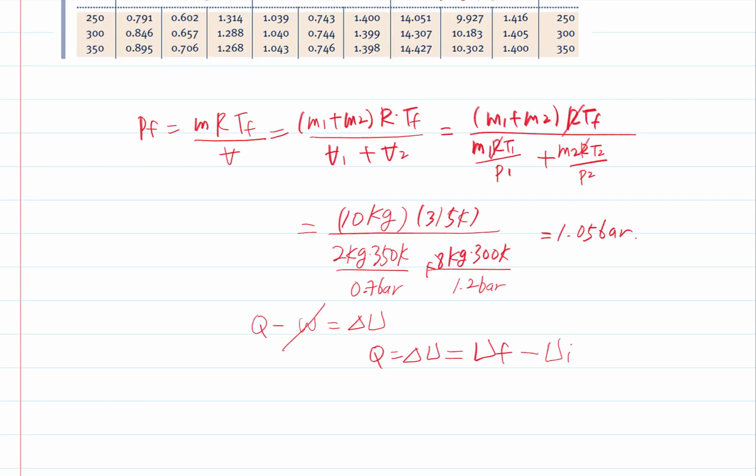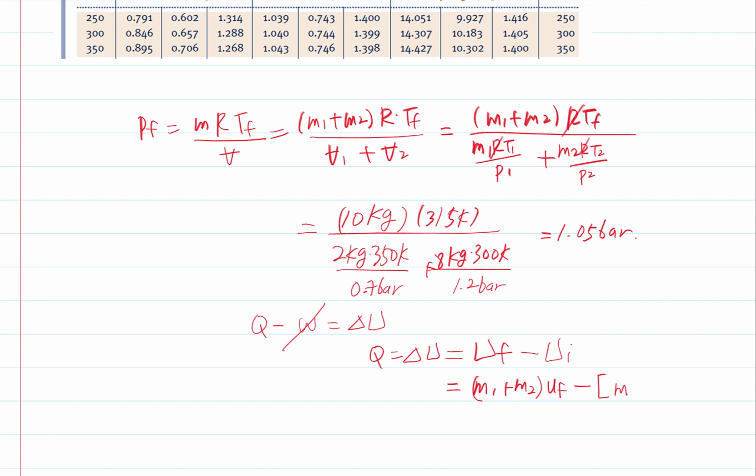So the internal energy at the final state is total mass times specific internal energy at the final temperature, minus the sum of the internal energy of each system.